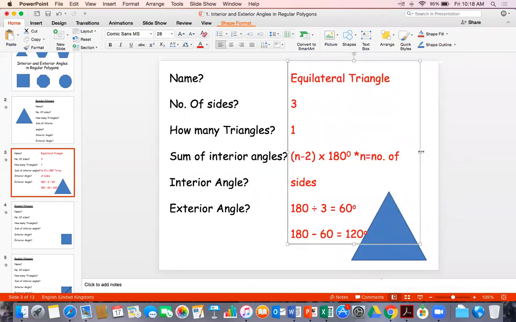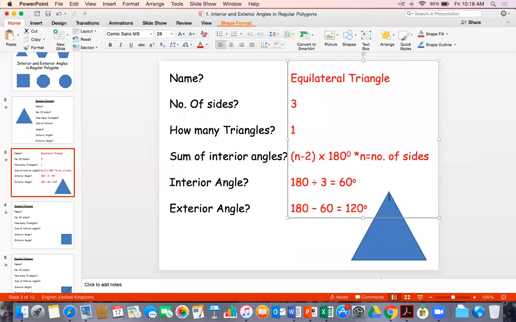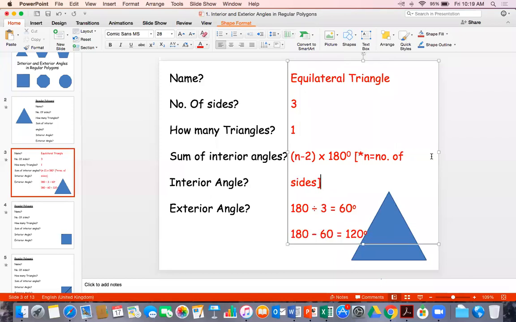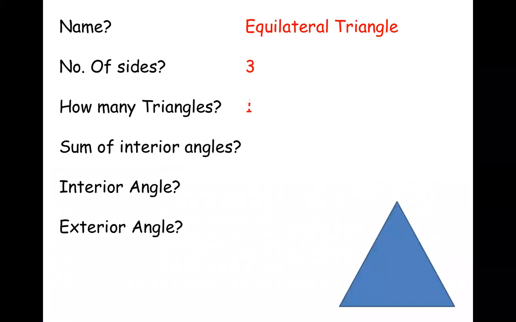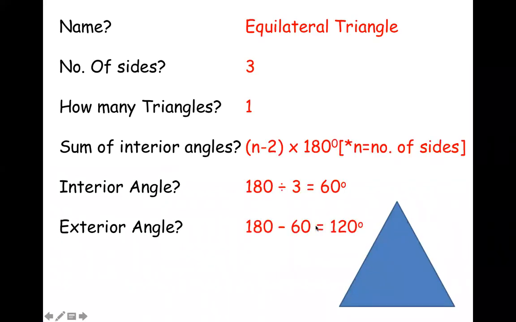Like the total sum of interior angles in a triangle is 180, right? So I think that's why you put 180. But what if it's 360? So what will your question be? Do you use the same formula?